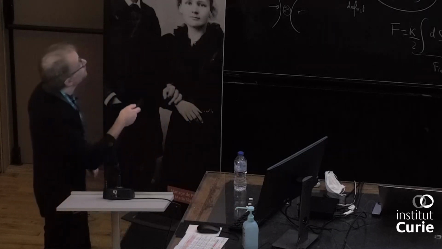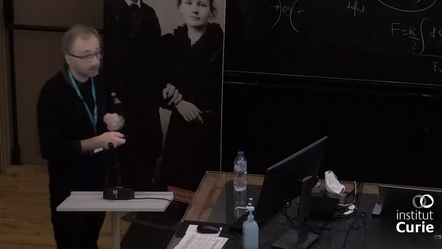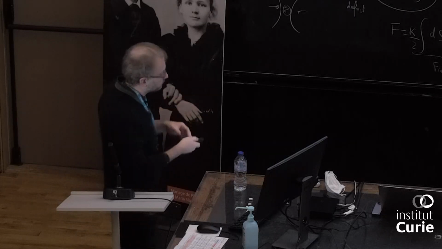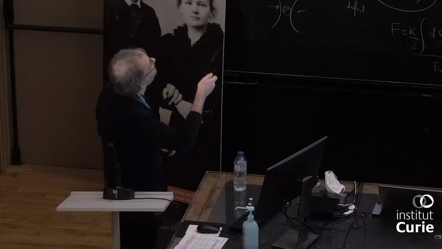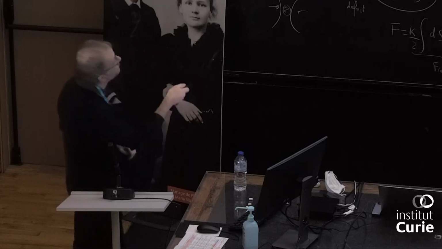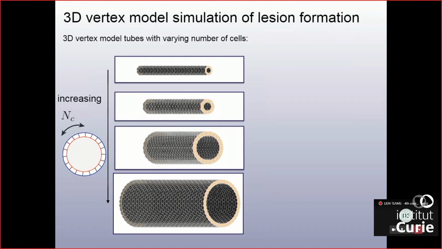Okay, and so here, in order to simulate these pancreatic tubes, we have generated cylindrical tubes with a different number of cells on the perimeter, because we went in the pancreas, we measured the number of cells on the perimeter of the tube, and we see that bigger tubes simply have more cells.